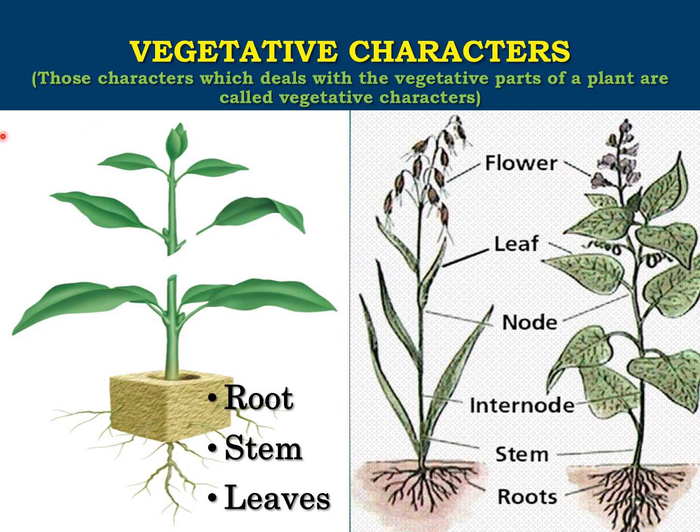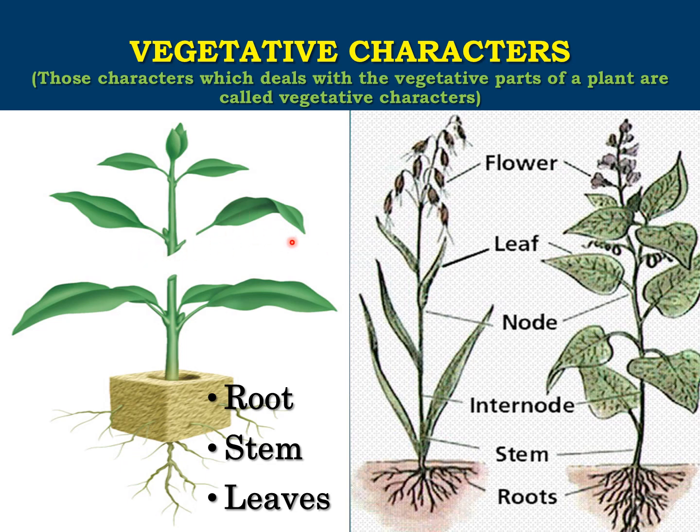After habit of the plants, now we come to discuss the vegetative characters of the plants, in which we will discuss about roots, stem and leaves. Actually, vegetative characters are those characters which deal with the vegetative parts of the plants. The vegetative parts mean the parts which do not take part in the process of reproduction.